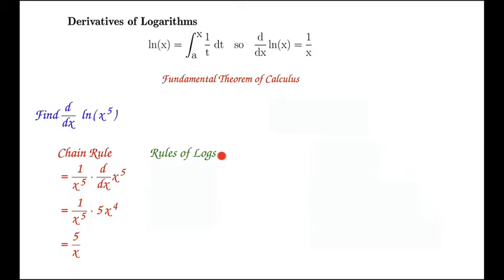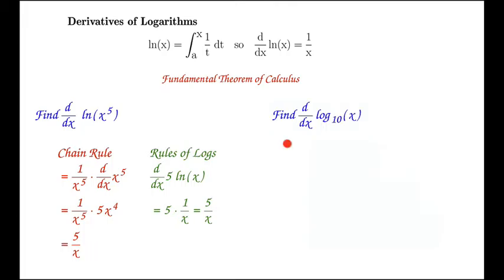So in our case, instead of saying ln of x to the fifth, we can just rewrite it as 5 ln x and take the derivative of ln of x, which we know to be 1 over x, and then we have our answer, 5 over x, which agrees with our first method.